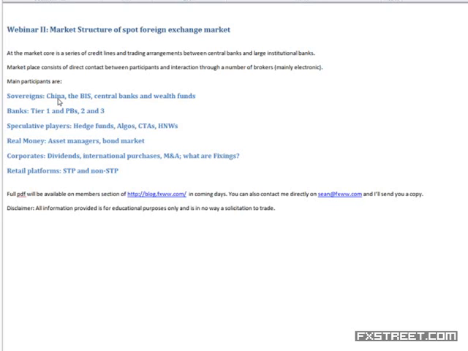Okay, so we've got what I've called here the tier 1 and prime brokers. So there's one set of banks I've separated from the others. The names here are basically Deutsche, Citi, Barcap, UBS. These are the big bank players. They've all got their own platforms, and they are also prime brokers.